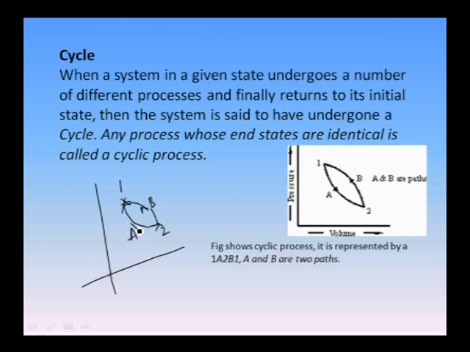At the end of the process, initial conditions are restored and are identical. Any process whose end states are identical is called as what? Cyclic process. The figure I have shown here shows a cyclic process. 1 A 2 B 1 is a cyclic process.